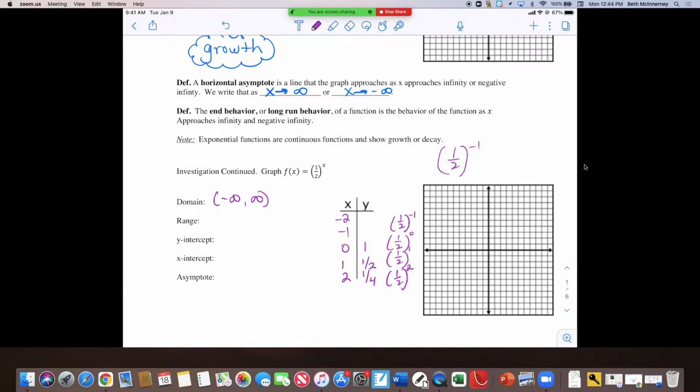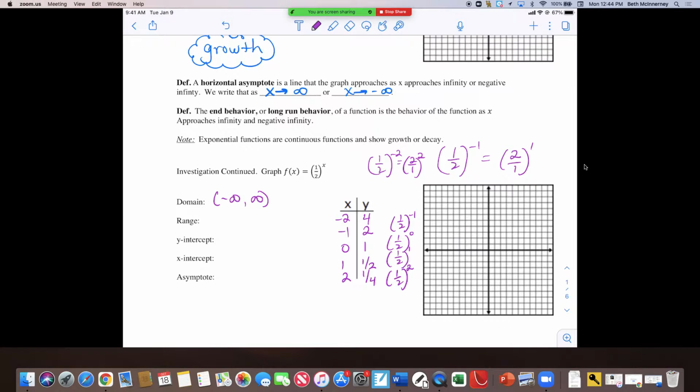When you have a fraction to a negative exponent, it flips the fraction and makes it positive. So that's just 2. And if I take 1/2 to the negative 2, it flips the fraction and makes it a positive 2. Well, 2 over 1 is 2, so 2 squared is 4.